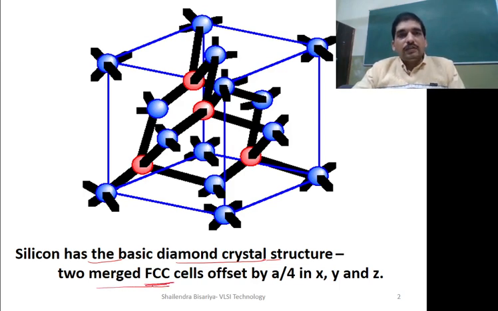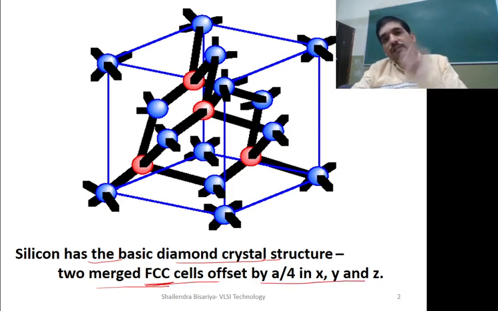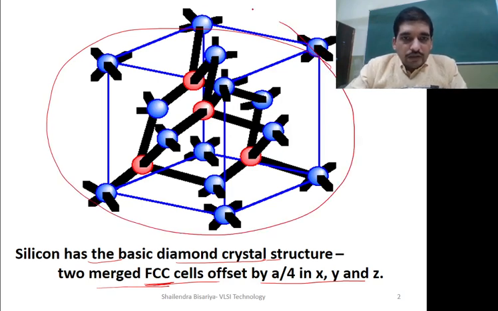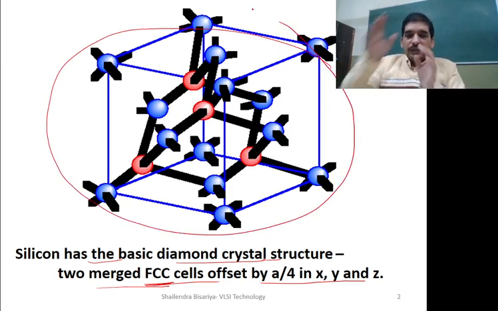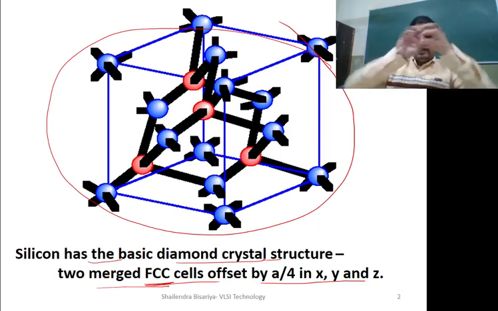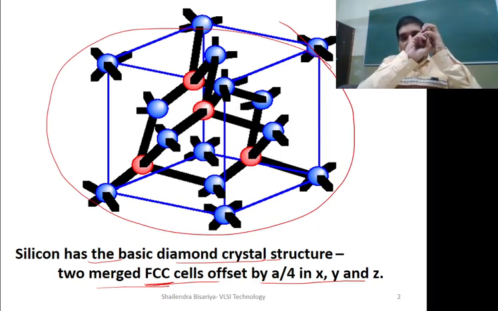FCC is face centered cubic. Two merged face centered cubic cells offset by a/4 distance in x, y, and z. So just try to visualize this diagram on your own. That means one face centered cubic cell and another face centered cubic cell offset by a/4 are merged together.